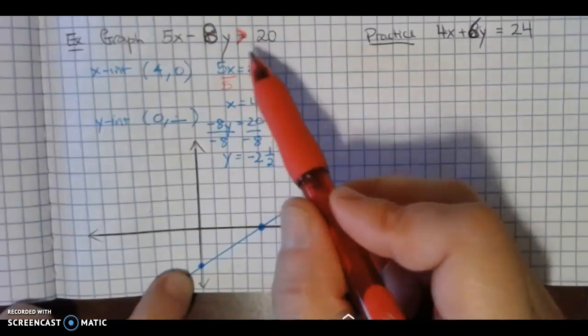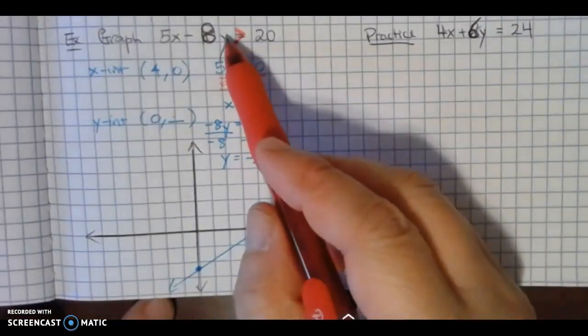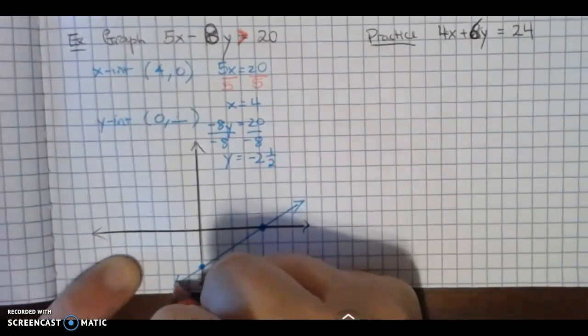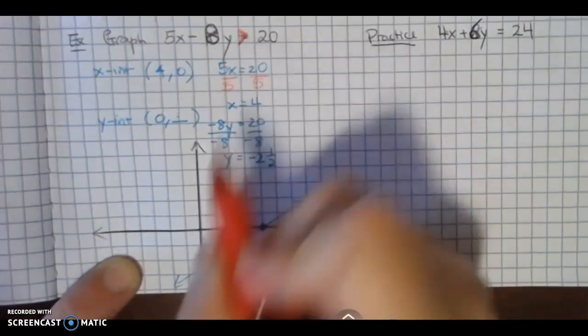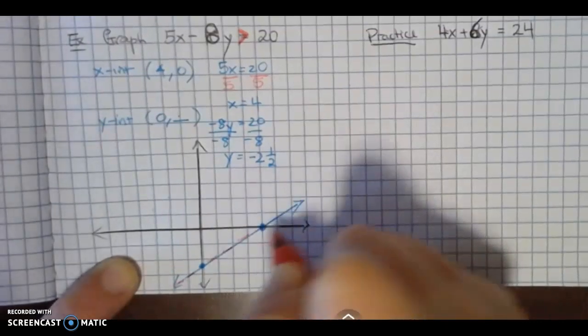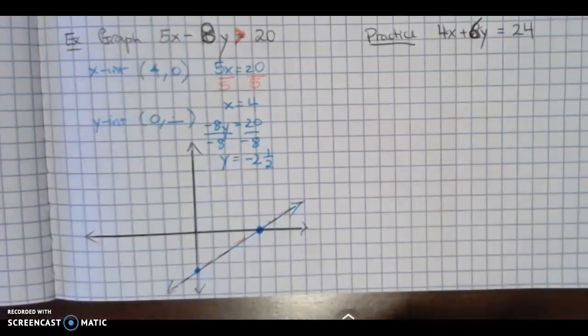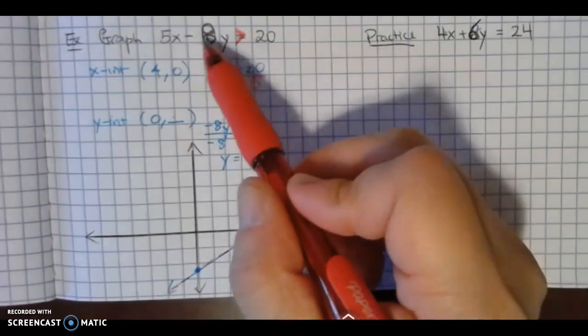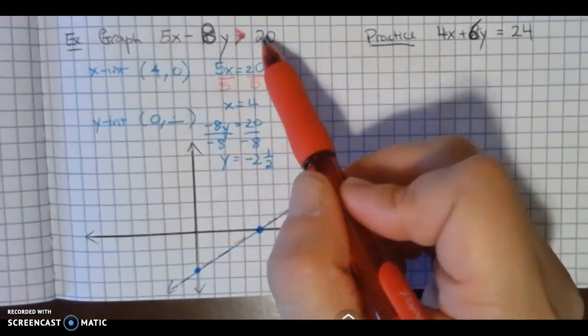The y-intercept is going to be the same and the x-intercept is going to be the same, but because the inequality is greater than, this line is going to be a dashed line, no longer the solid line that we had before.